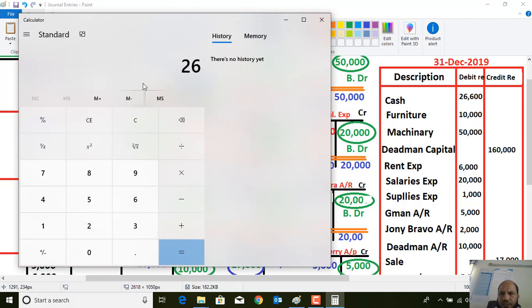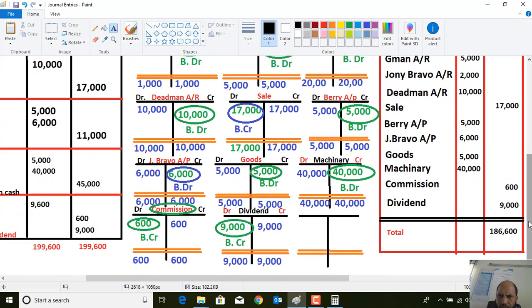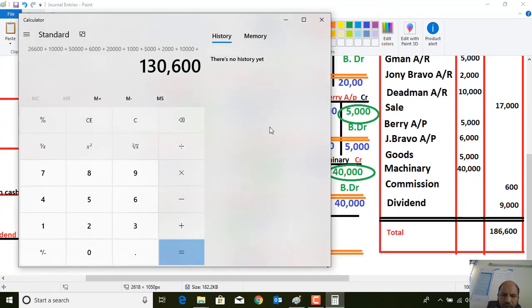So see dear students, 26,600 plus 10,000 plus 50,000 plus 6,000 plus 20,000 plus 1,000 plus 5,000 plus 2,000 plus 10,000 plus 5,000 plus 6,000 plus 5,000 again plus 40,000.